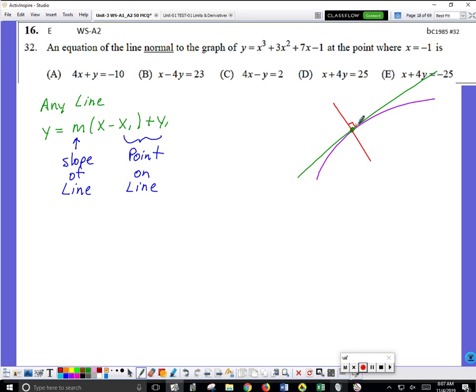Yes, let me get some more. You're out of flashcards.